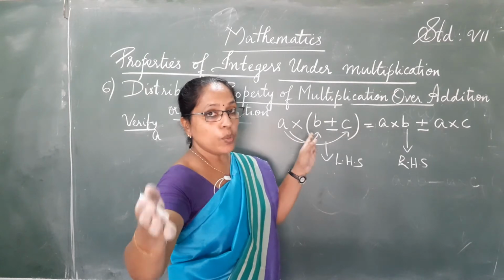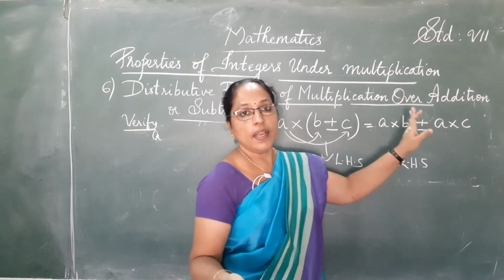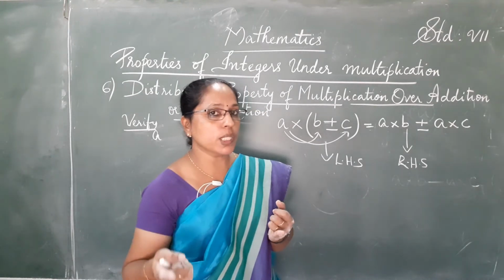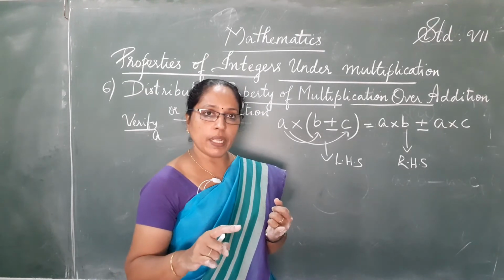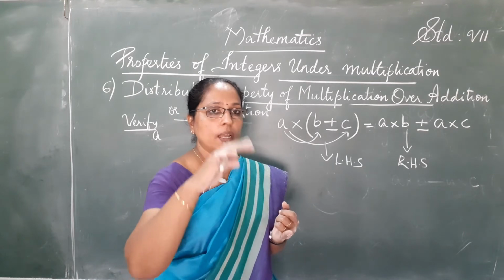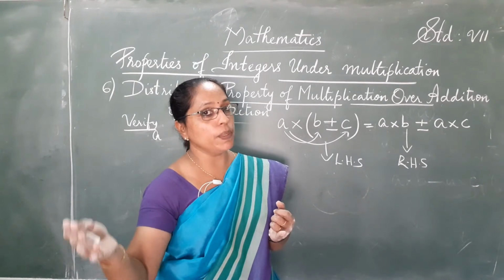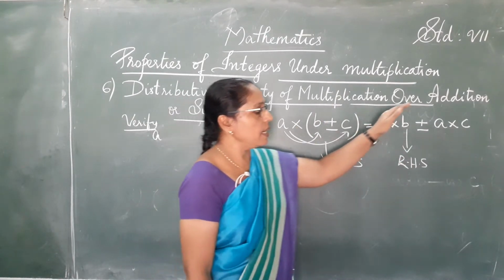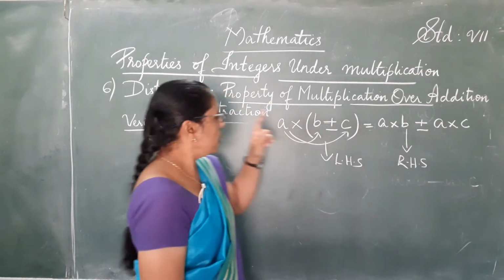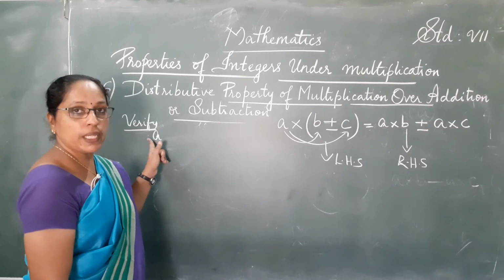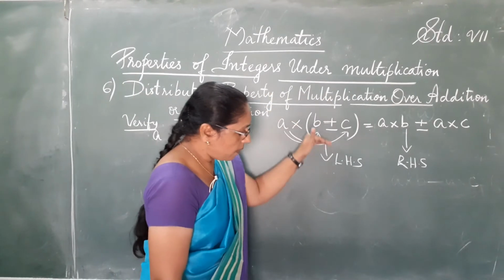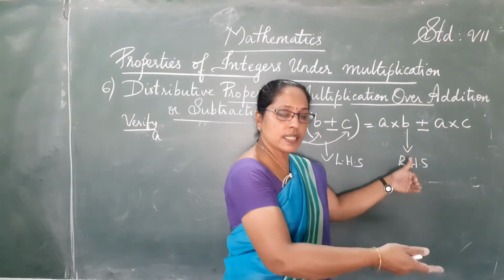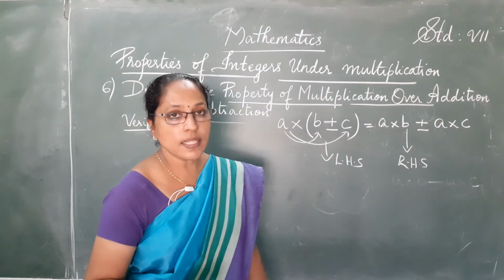Like the commutative property has two parts, A into B equals B into A. The associative property also has two parts, A into B into C is equal to A into B into C. Like that, this property has two parts, left hand side and right hand side. So when the question says verify, you have to solve the left hand side first, then the right hand side, and then see that both the answers are the same.